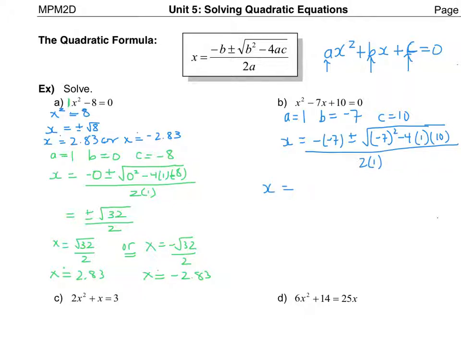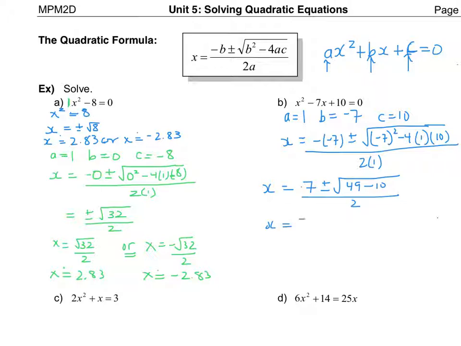A negative 7 there really is just positive 7, so x equals 7 plus or minus the square root of 7 squared, which is 49, minus 4 times 1 times 10, which is 40. So 49 take away 40, all divided by 2.